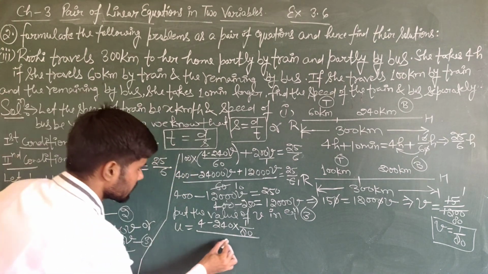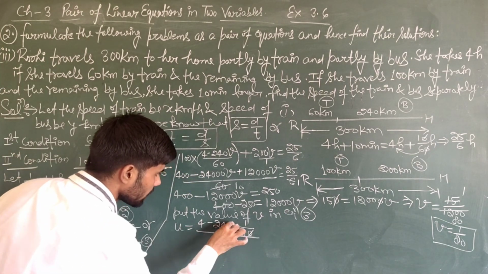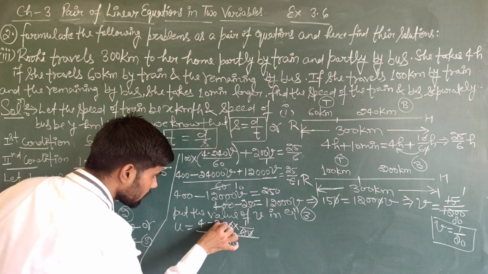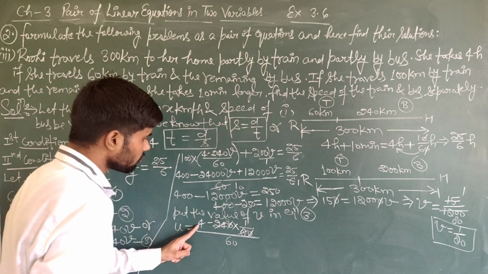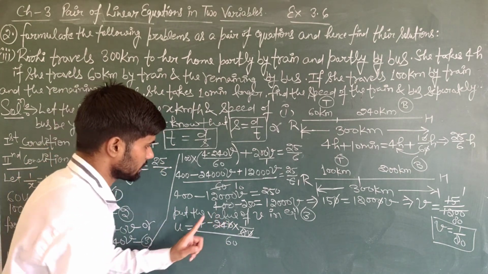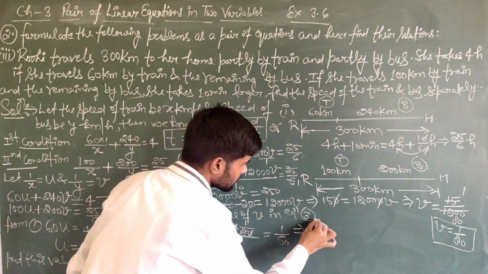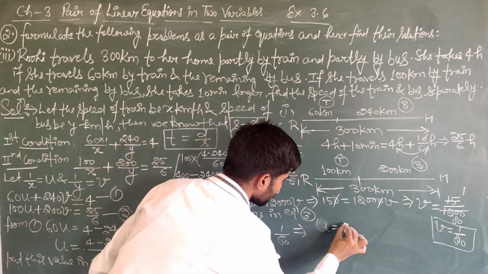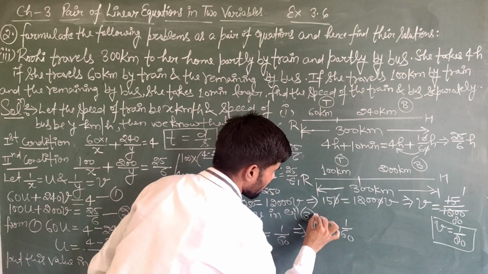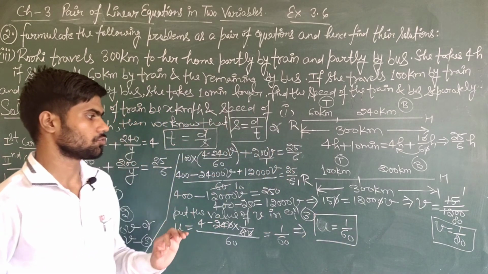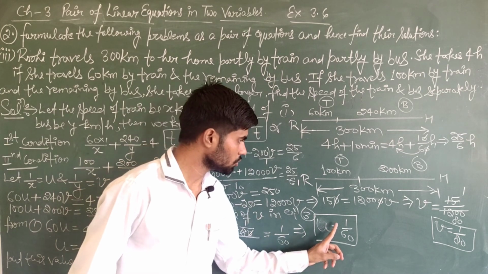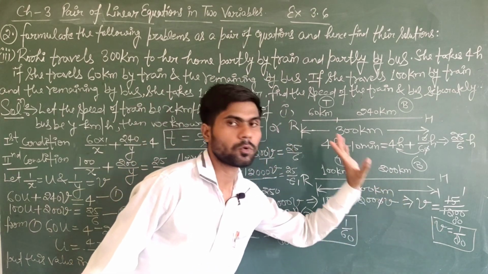We can cancel 0 by 0 and 8 3s are 24. In the numerator, 4 minus 3 is 1 and upon 60, means we can say that u is equal to 1 upon 60. Here we get two values. First value is u is 1 upon 60 and v is 1 upon 80.